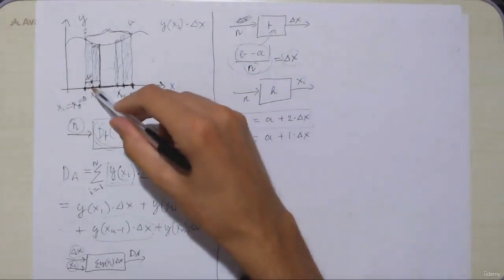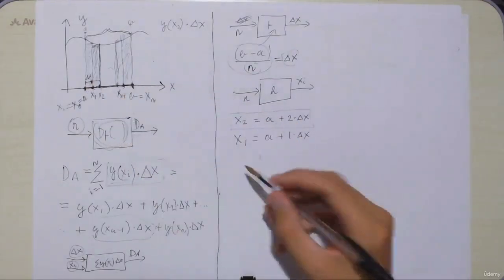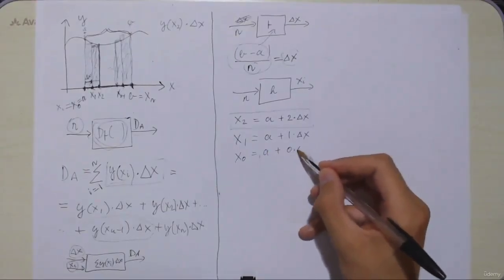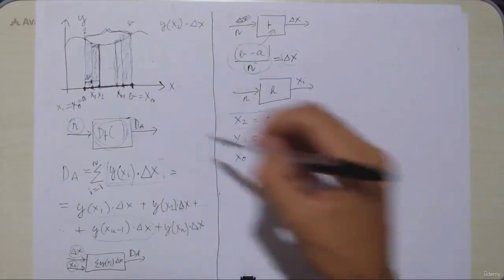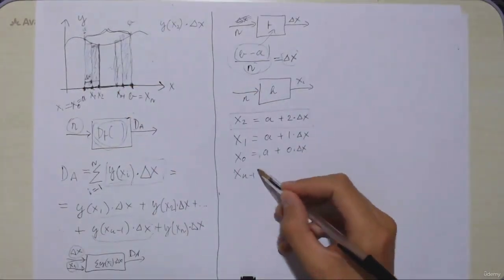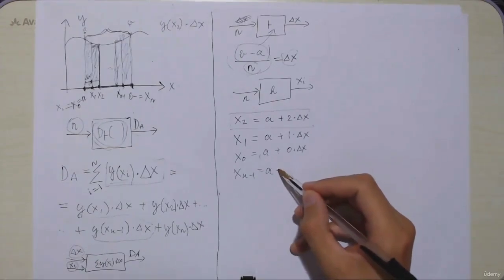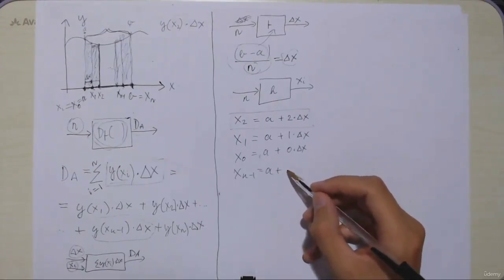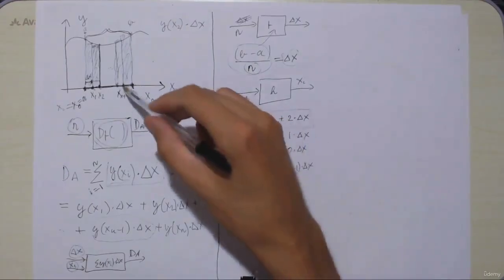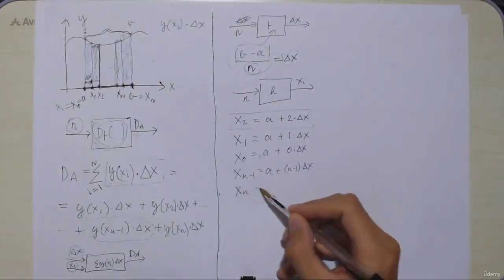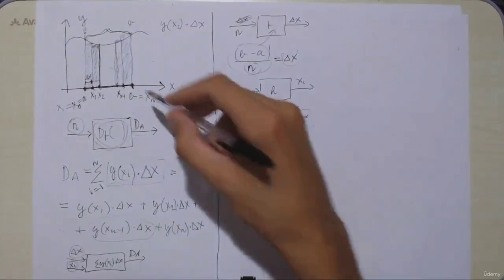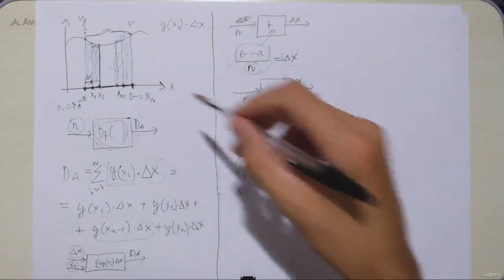A plus 1 times delta x, and you're at x1. x0 is a plus 0 times delta x, so this term will be 0, you're at a. xn minus 1 is a plus n minus 1 times delta x, and you're at this point. xn equals a plus n times delta x. And you're here. Okay?